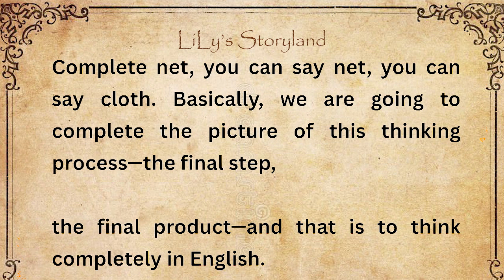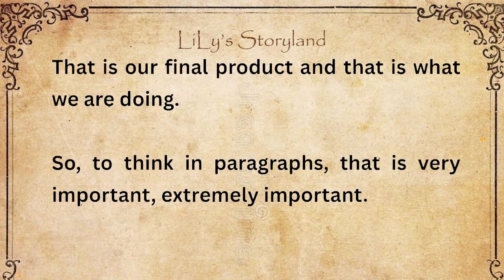You can say net, you can say cloth. Basically, we are going to complete the picture of this thinking process, the final step, the final product, and that is to think completely in English. That is our final product, and that is what we are doing.